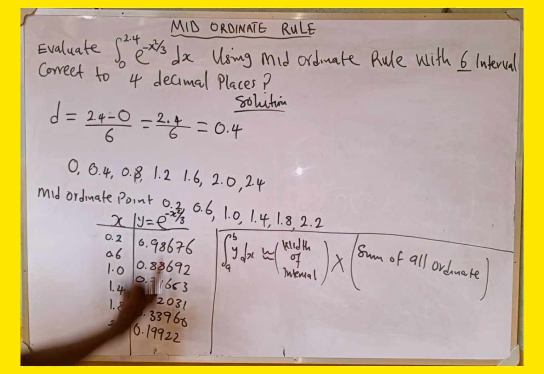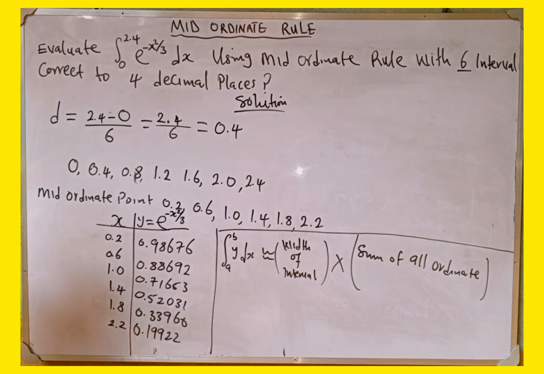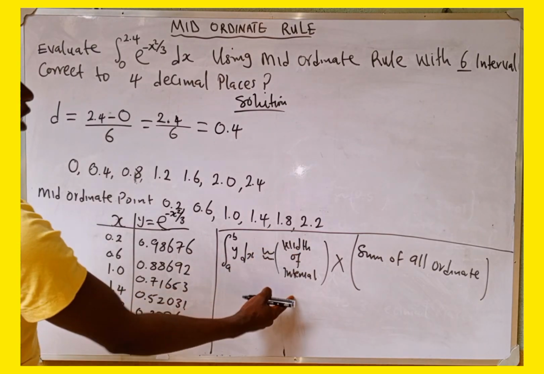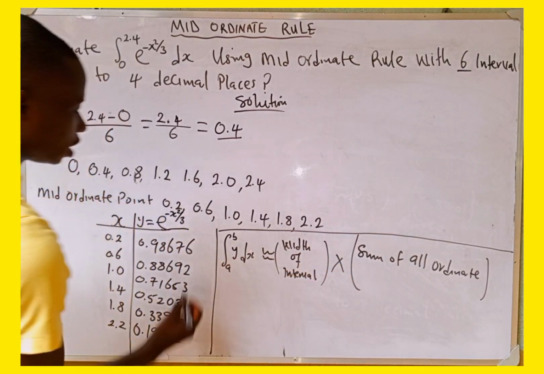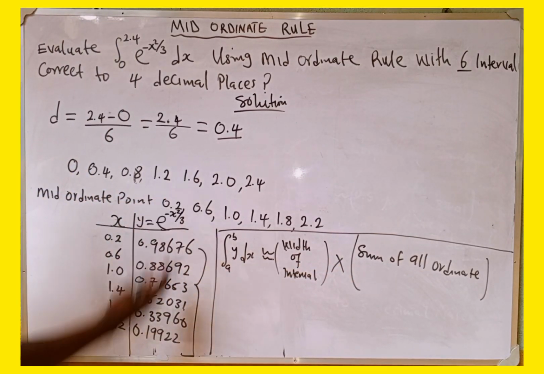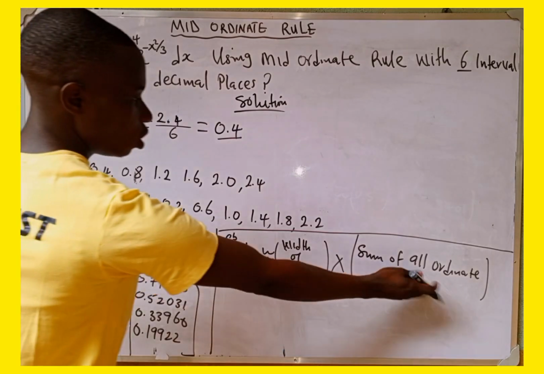So here are the ordinates. Now it's very easy to substitute into this formula. The width of the interval is here, which is 0.4, and here are the ordinates. We are going to sum everything together and substitute into this place.